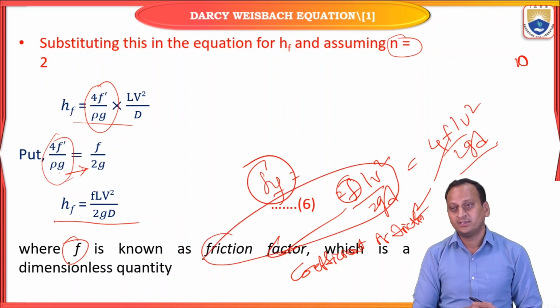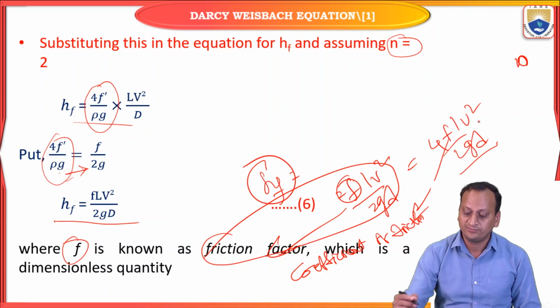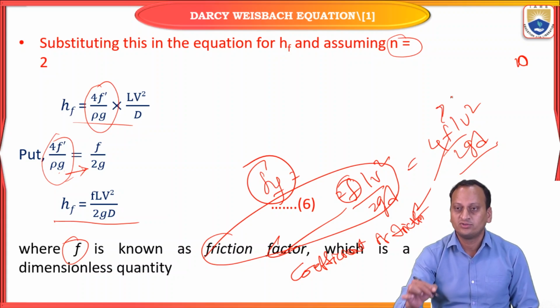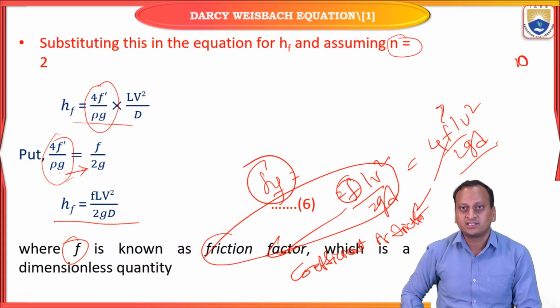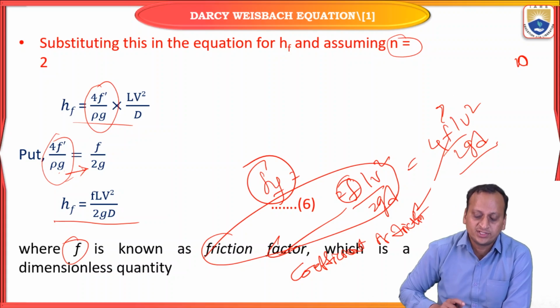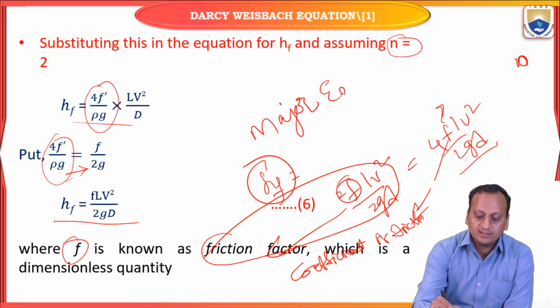But if the loss of head due to friction is written as 4FLV square by 2GD, then F will be defined as coefficient of friction. So this is the derivation for the Darcy-Weisbach equation. Also, this is the derivation for major energy loss.